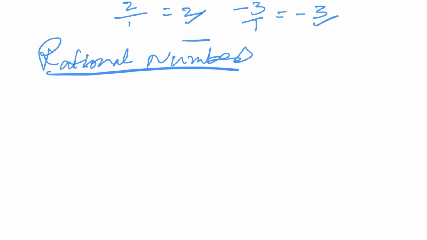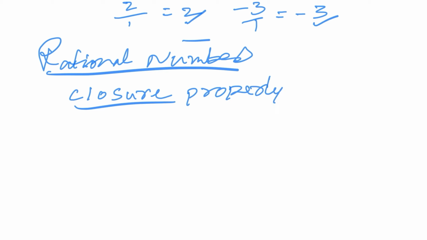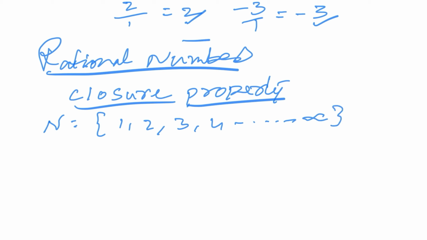For better understanding, let us discuss these properties in an order. First, let us see the closure property. Let us take the set of natural numbers first. N is equal to 1, 2, 3, 4, etc., up to infinity.